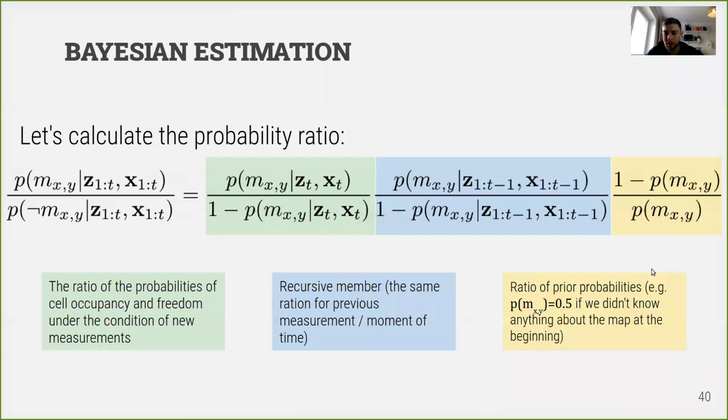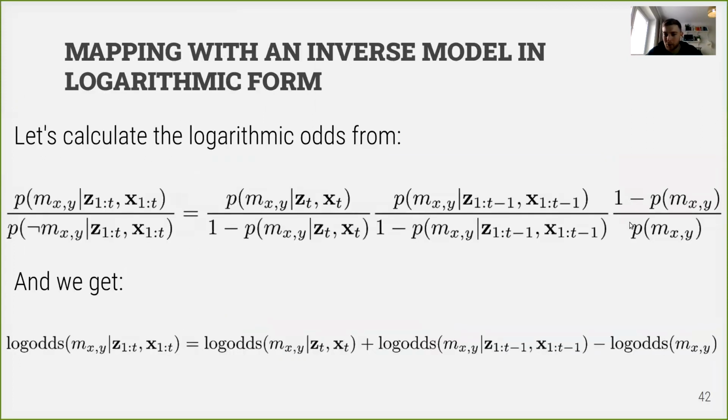You remember that we said that if we know nothing about our environment, we can use our prior equal to 0.5, right? Which means the probability that this cell is occupied and the probability that it is free are equal. In the beginning, we just don't know. So try to put 0.5 here, right? What will we get?